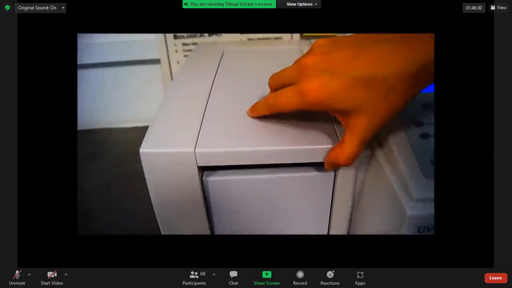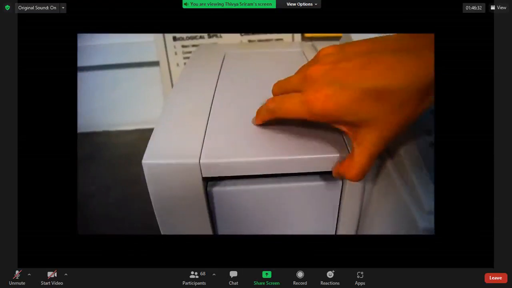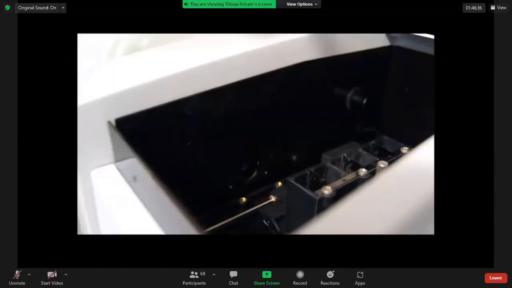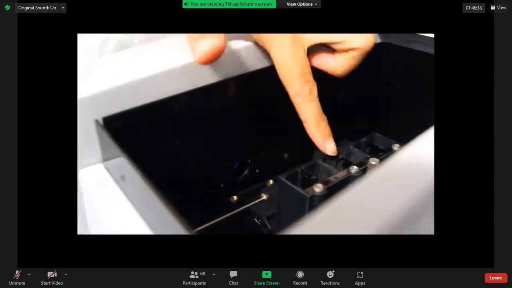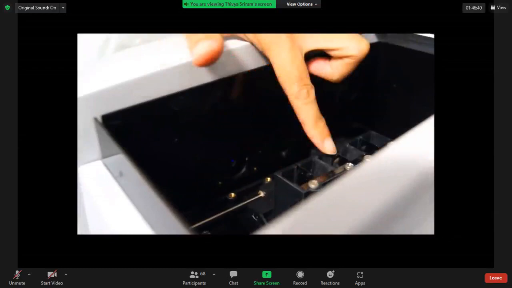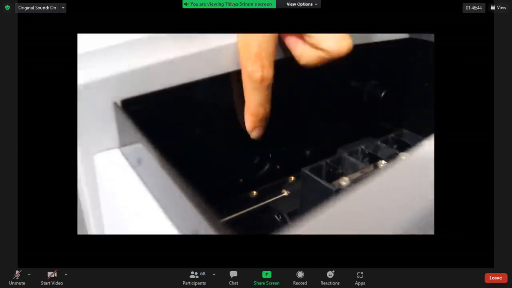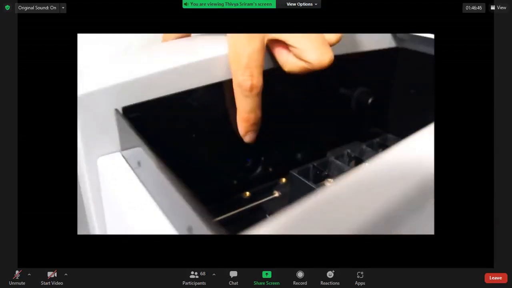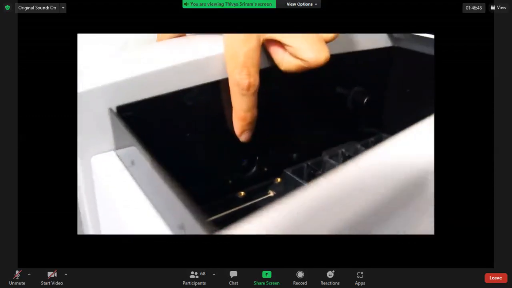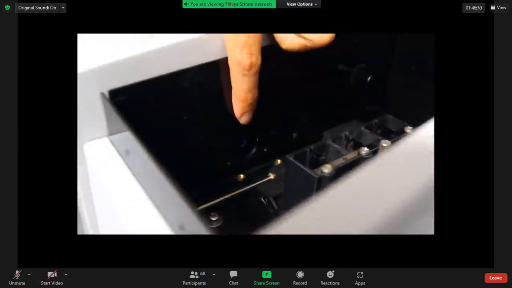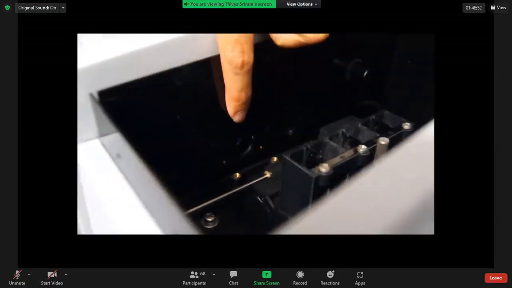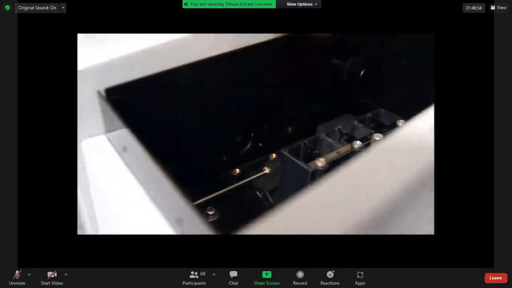This is what we see inside the spectrophotometer, and this is where we put the cuvettes. These are the slots in which we put the cuvettes, and you can see this little hole at the side is where the light would come out of that particular wavelength that you set the spectrophotometer at.